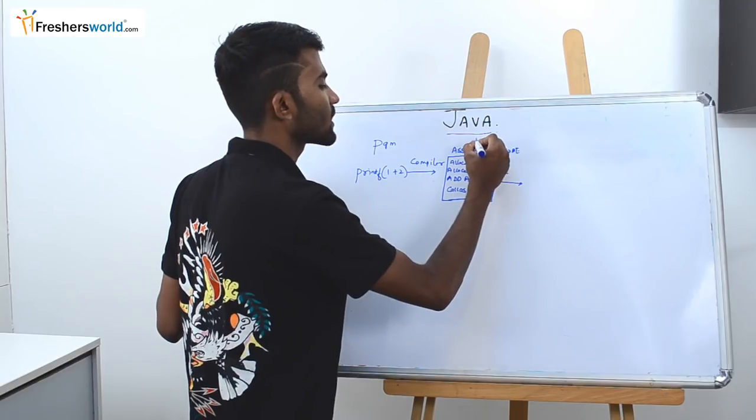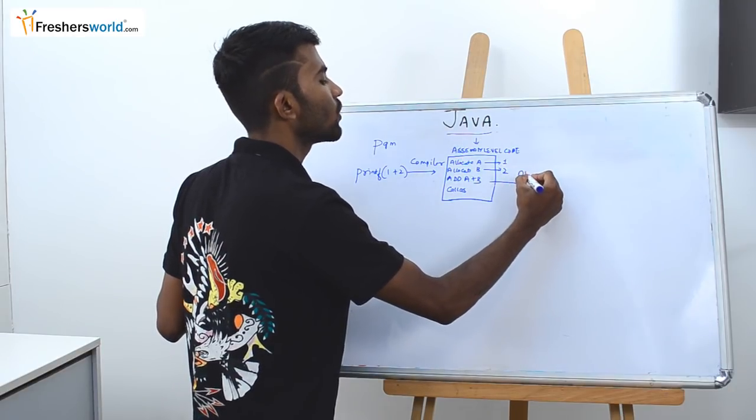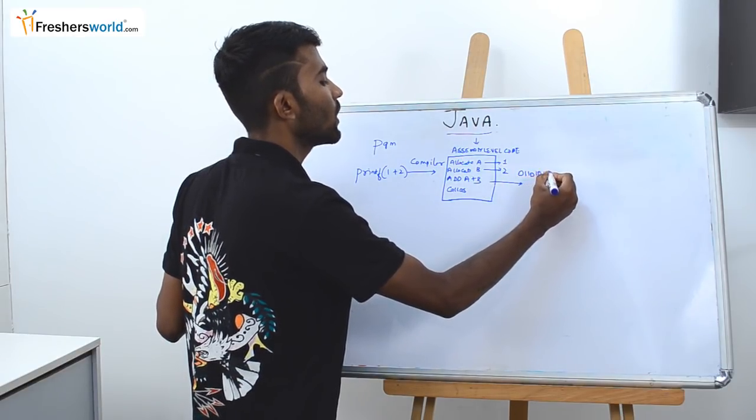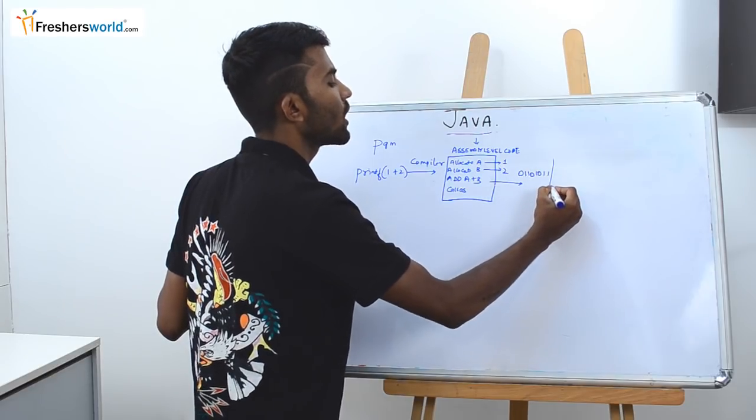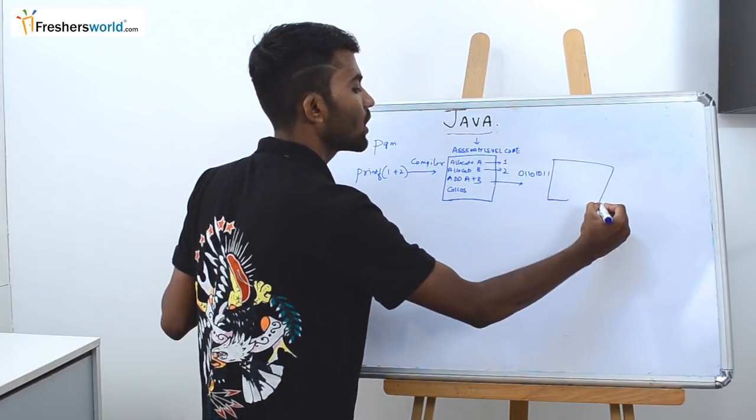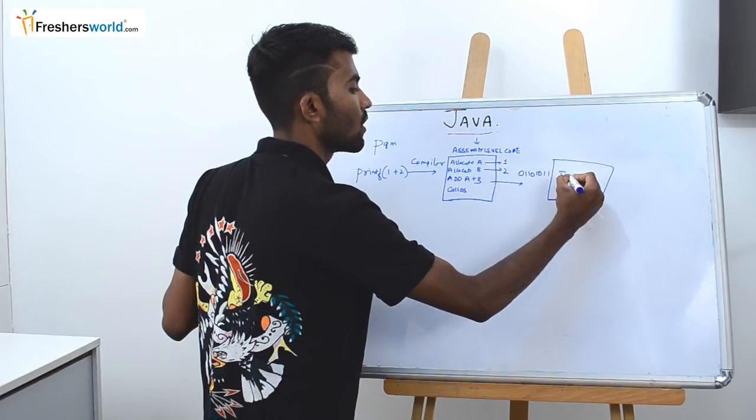Once the assembler converts this to 0 1 1 0 1 0 1 1, this is nothing but your machine code that executes on your Intel processor.